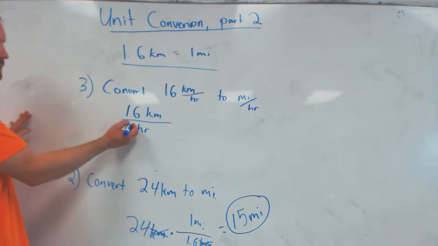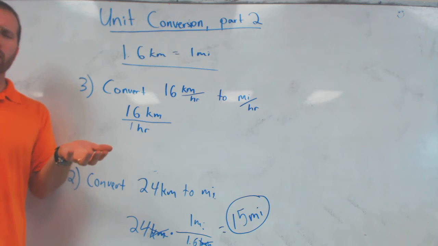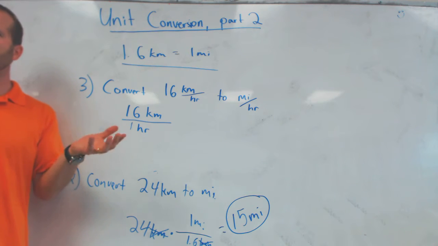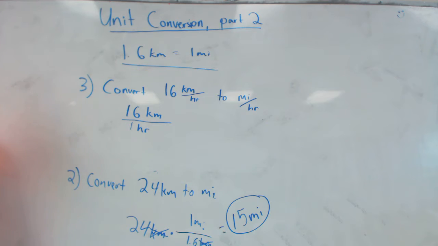I could write 16 kilometers per 1 hour. That's the same thing. 16 kilometers per hour is the same thing as 16 kilometers per 1 hour. Same exact thing. Yeah? If I put like X hours, for example, just because X makes more sense to my brain, would that be the same thing? No. There's no unknowns in this number.